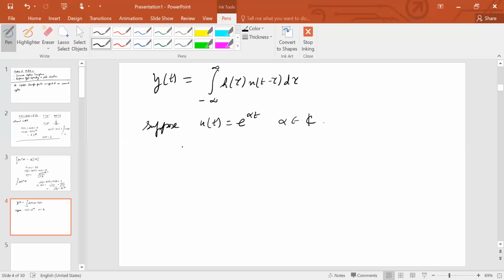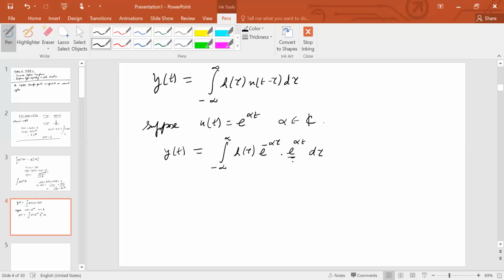Then what happens? Then we can write y(t) is equal to the integration from minus infinity to infinity of h(tau) times e to the power alpha (t minus tau) d tau, that is, e to the power minus alpha tau into e to the power alpha t d tau.